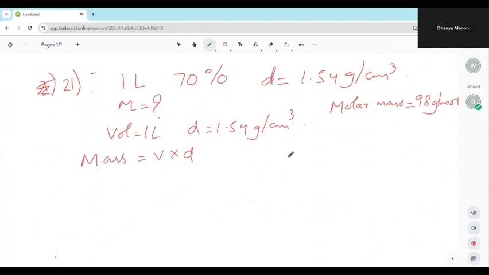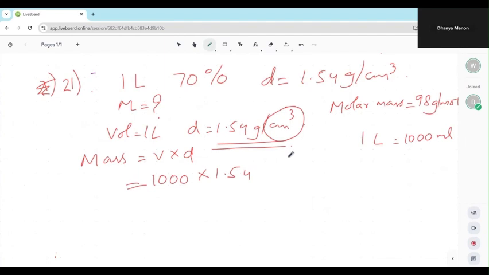The density is given in grams per centimeter cube, right? So 1 liter is equal to 1000 milliliter or centimeter cube. So I will change this liter into milliliters. That means 1000 times density, which is in centimeter cube.